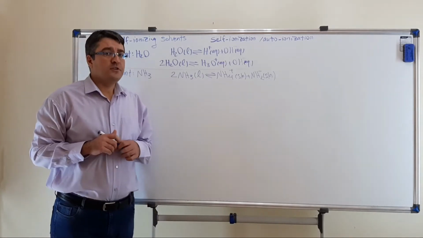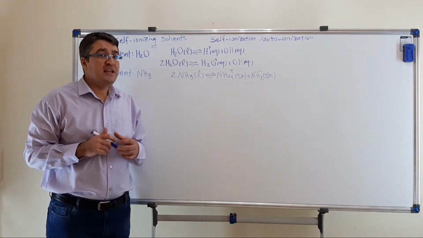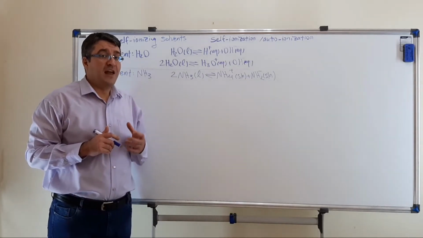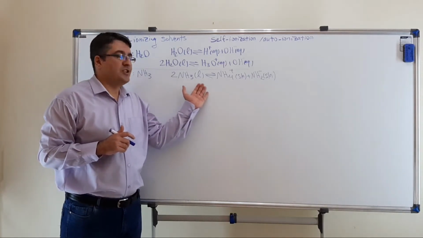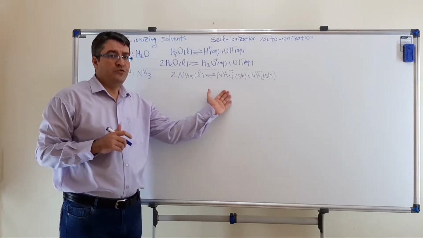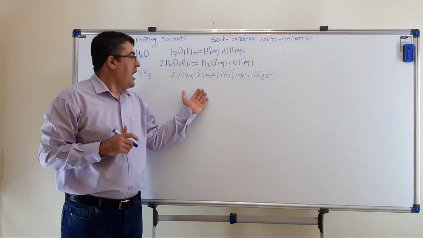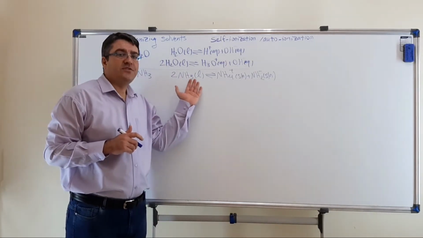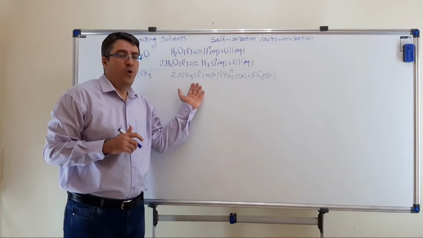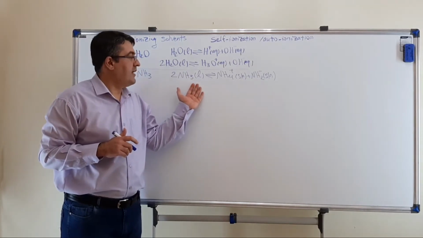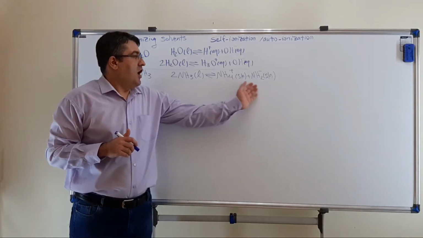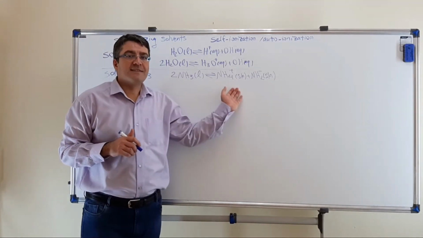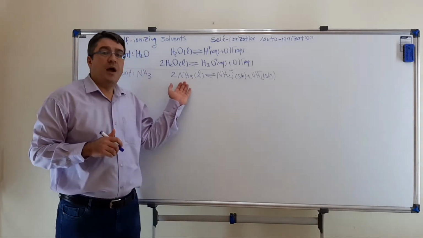It is also important to know that we usually deal with aqueous solutions and water. But here, this reaction has nothing to do with water. Ammonia does this reaction by itself, alone. The produced ions are solvated and surrounded by ammonia molecules.